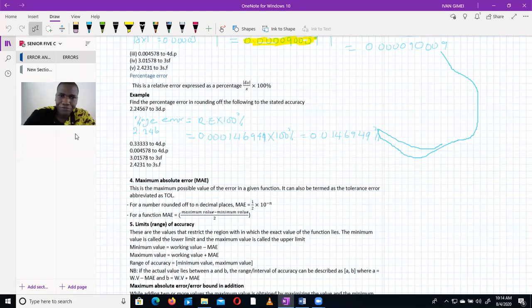Okay, so we have this. You have learned how to find percentage error. Let's now go to this term here, maximum absolute error. Now we said you can find absolute error by simply getting the exact value. Then after getting the exact value, you subtract the approximated value.